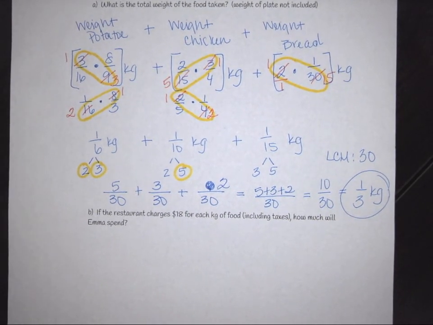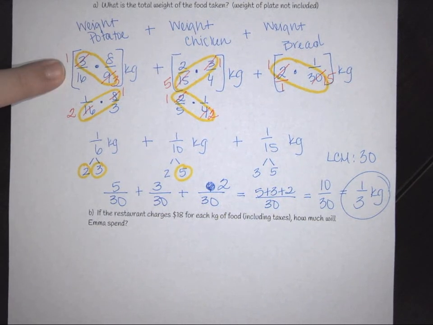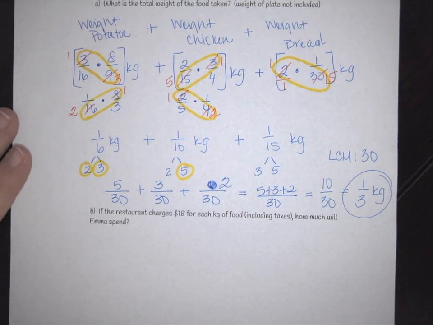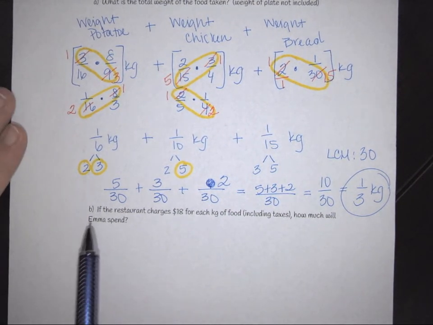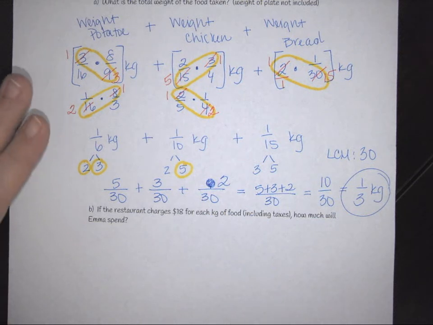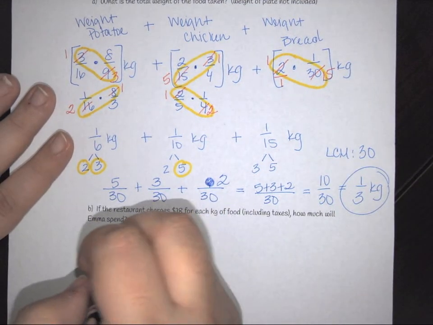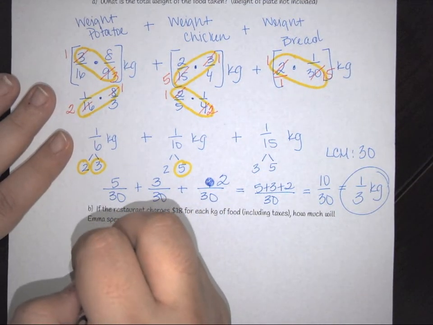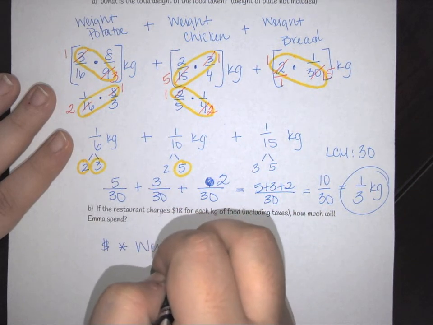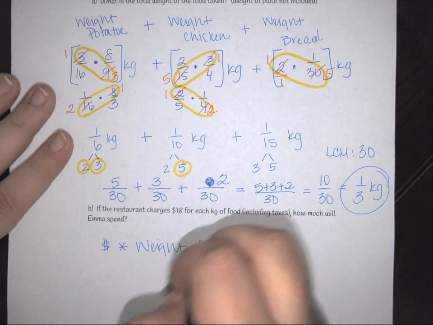So notice, to answer the first part of this, not only did we have to know how to construct the equation, but we had to be able to simplify it all the way down so that we could determine the weight. Now the second part says, if the restaurant charges $18 for each kilogram of food, including taxes, how much will Emma spend? So we have to do the dollars times the weight of food.